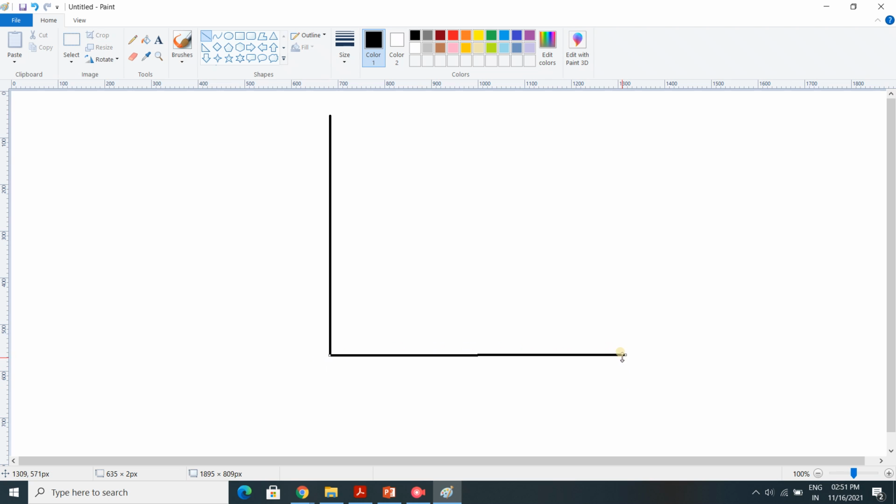Suppose this is the y-axis and this is the x-axis. Previously the slope was like this, almost equal to t.